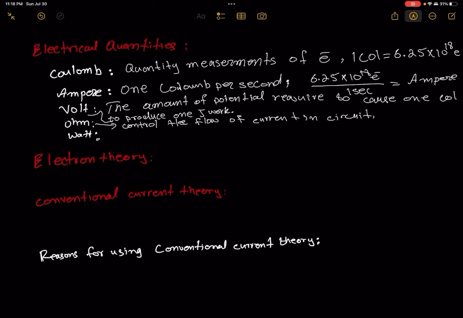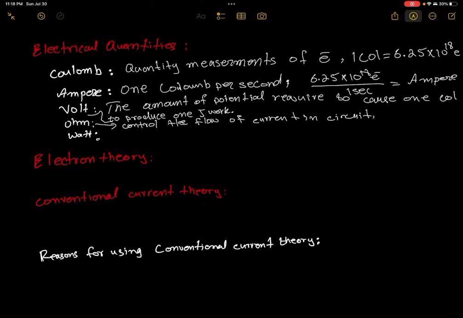It also has another function, that is voltage dividing. Ohm is named after a scientist who invented it. But resistance has 2 main jobs. One is the control of current flow in the circuit. The other one is voltage dividing.